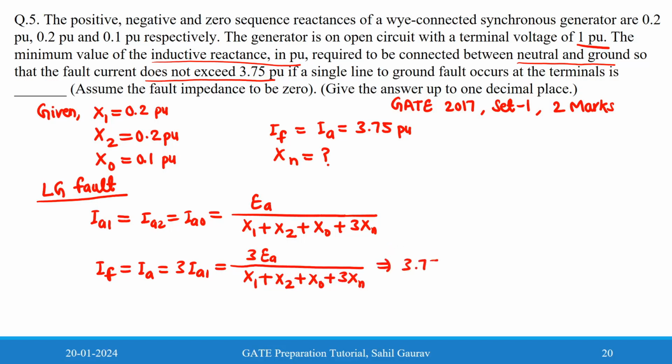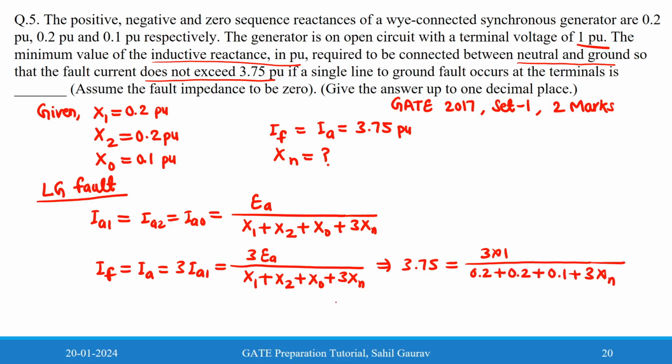So 3.75 equal to 3 into 1 divided by x1 is 0.2 plus 0.2 plus 0.1 plus 3 xn. Xn we have to find.